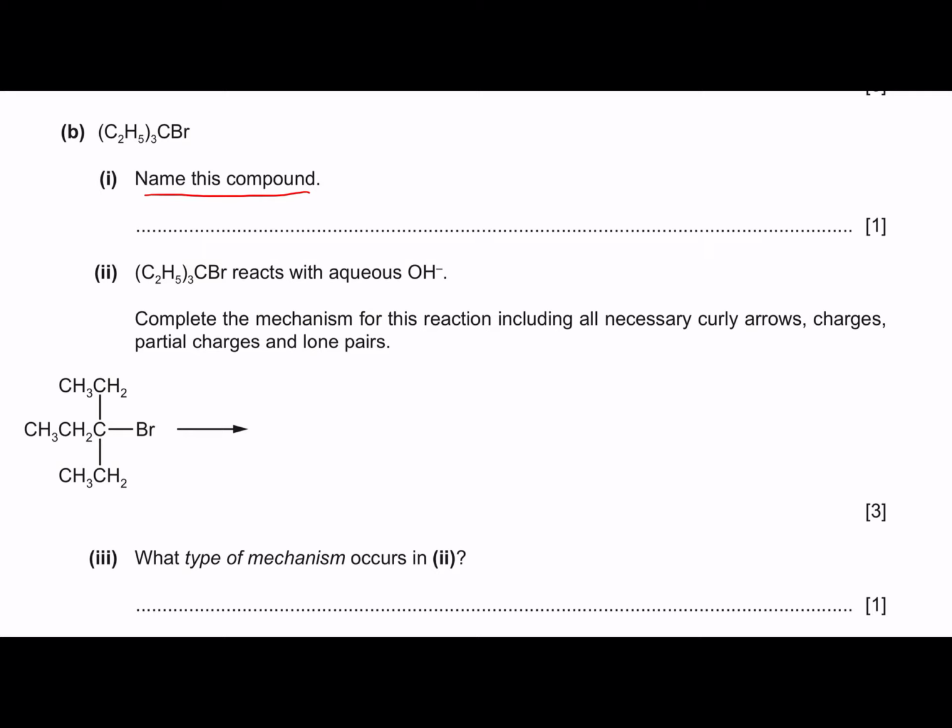So I'm going to draw out in whatever space I have C, CH2, CH3, because that's what C2H5 is, CH3, CH2, just writing it backwards, CH2, CH3, and then bromine. Then I'm going to count how many I can get in a row. 1, 2, 3, 4, 5.